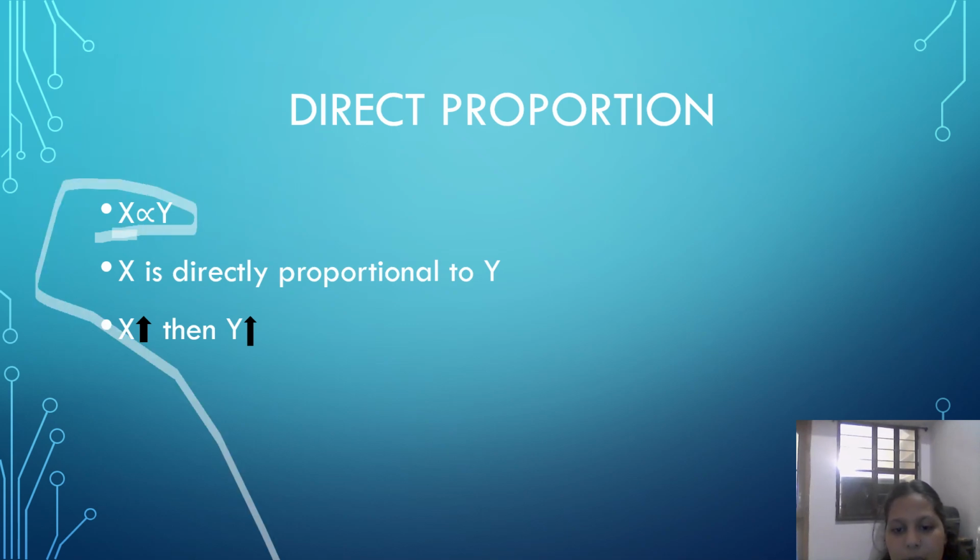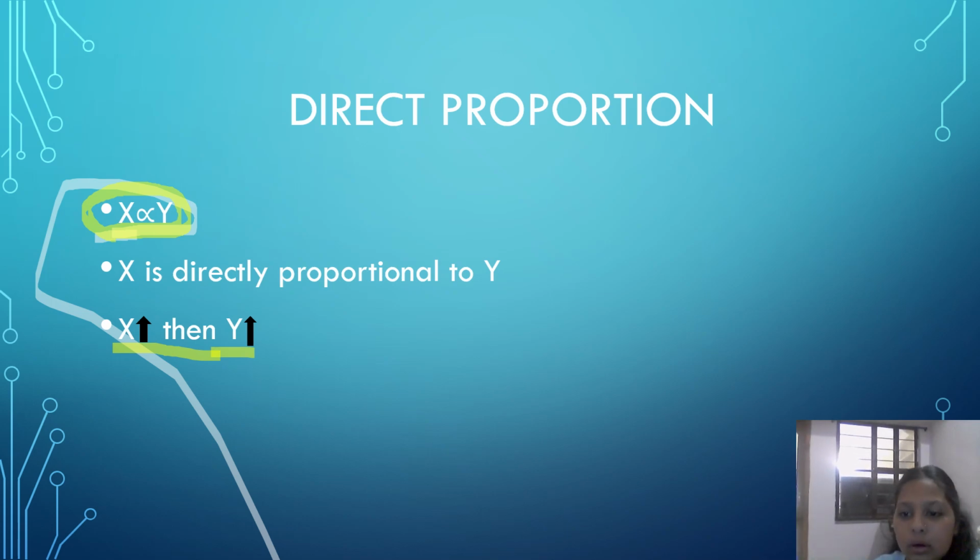This means that if x grows, then y will grow too. One example for that is, if you overeat for 2 days, then your hunger will increase, right? So you ate much food, your quantity increases, and then your hunger increases. So this is a direct proportion between your hunger and the quantity of food you are taking.